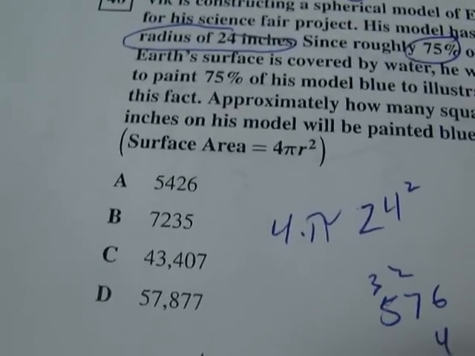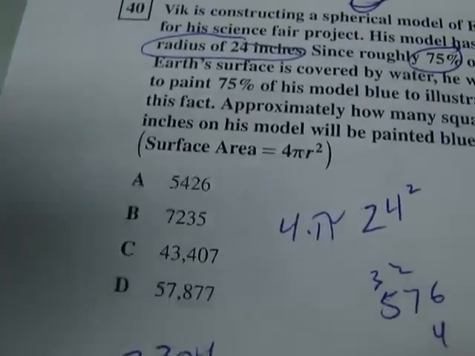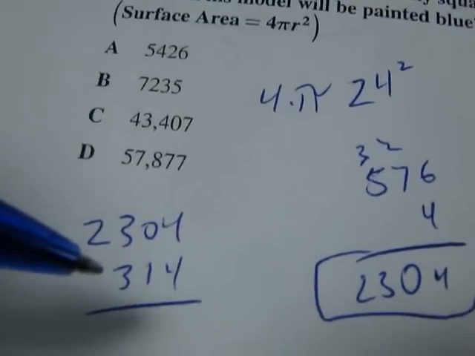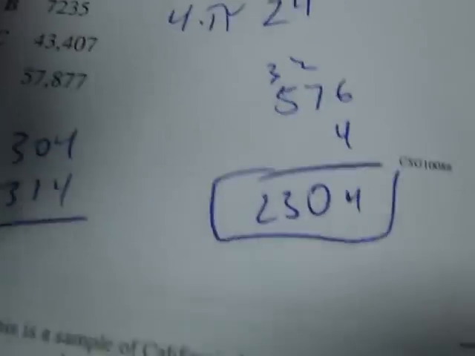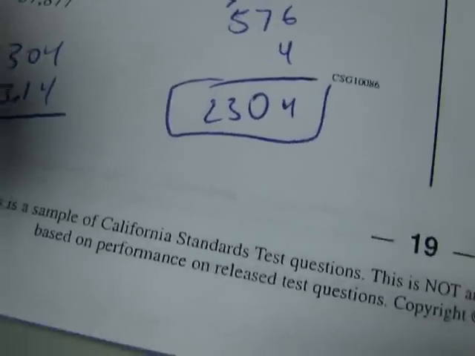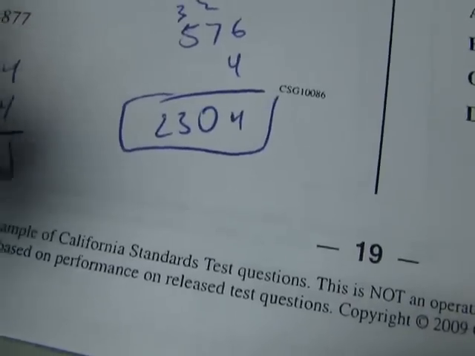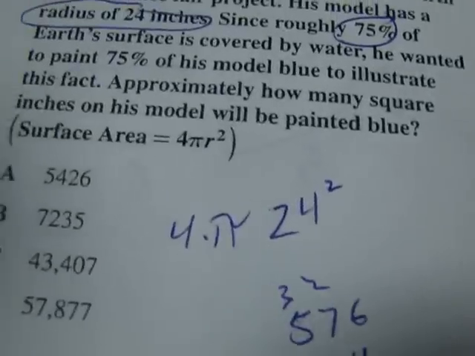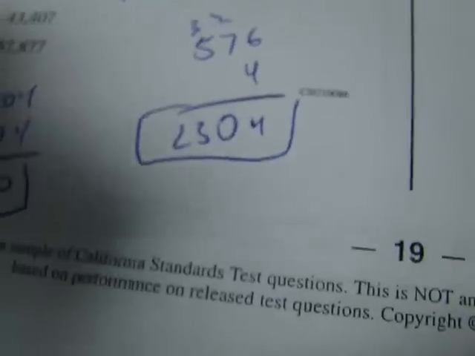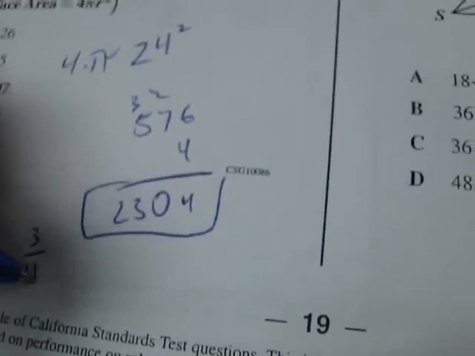Going by the answers we have here, I think it's safe to estimate because these answers are not close to each other. So if we just estimate this, let's say it's 3 times 2,500, it's going to be about 7,500. Okay, when you see that, you're probably leaning towards answer B. But remember, we've got to do 75%. 75% is 3/4.